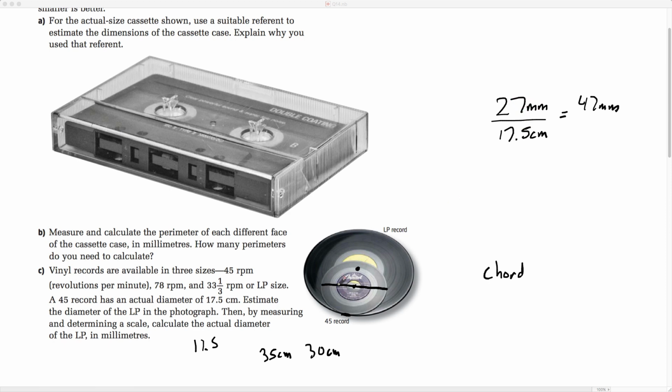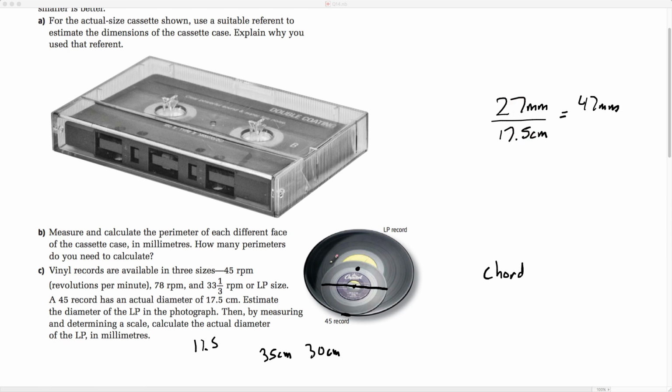So I didn't obsess about this to try to get super accurate results. I measured the actual 45 using a ruler and I got 27 millimeters. You might get an answer that's slightly different, but it should be reasonably close to that. So this is what it is by measuring, and this is what we are told it is in real life, 17.5 centimeters. So it's a ratio of size by measurement and size in real life.